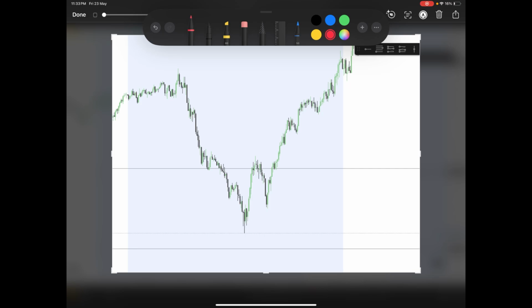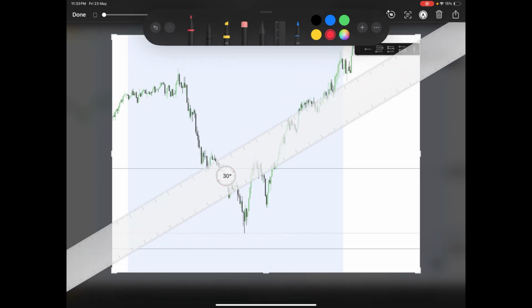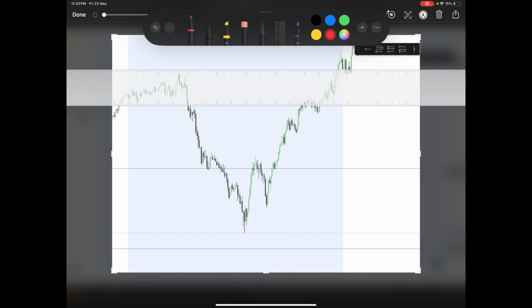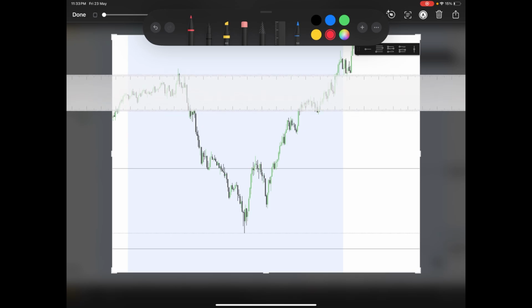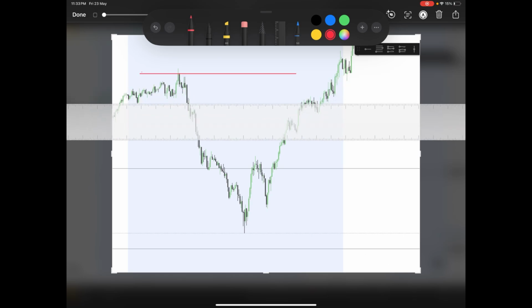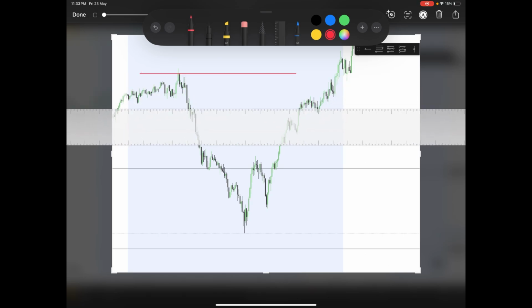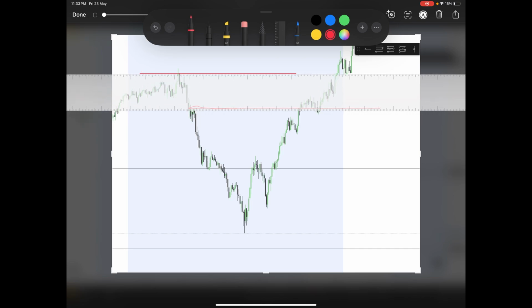Okay, so I'll start doing the markups, all right? And you guys will have to identify them on your own for the next time, whenever these things happen. So these are the equal highs, okay? The equal highs, I need to extend them all the way to the right.